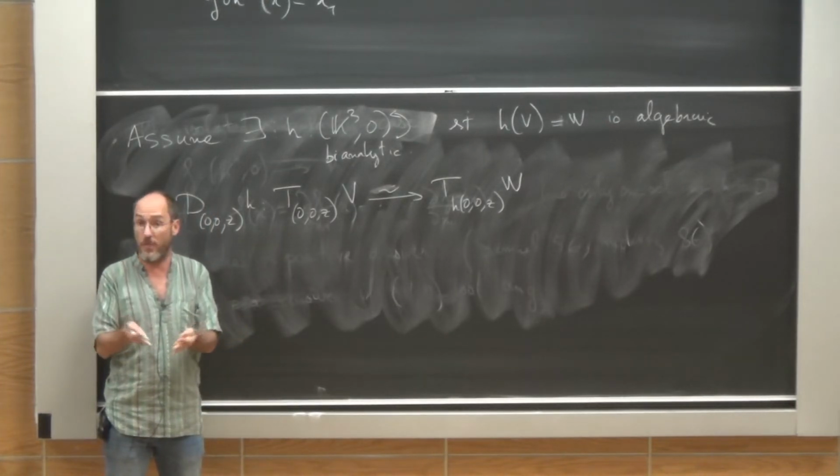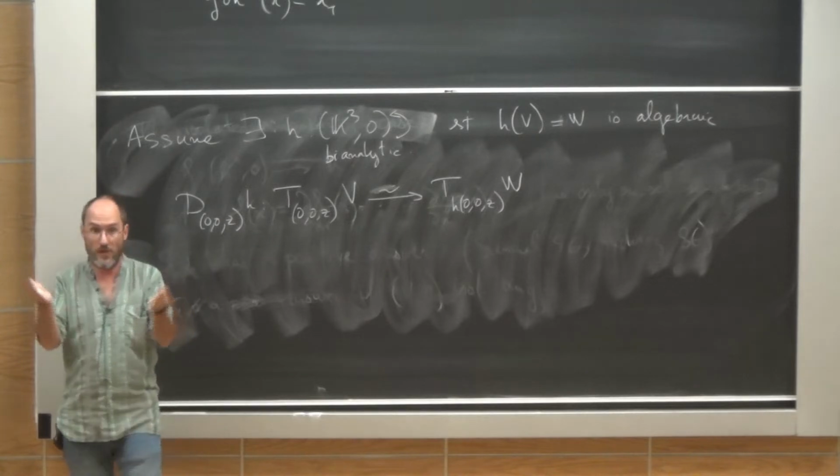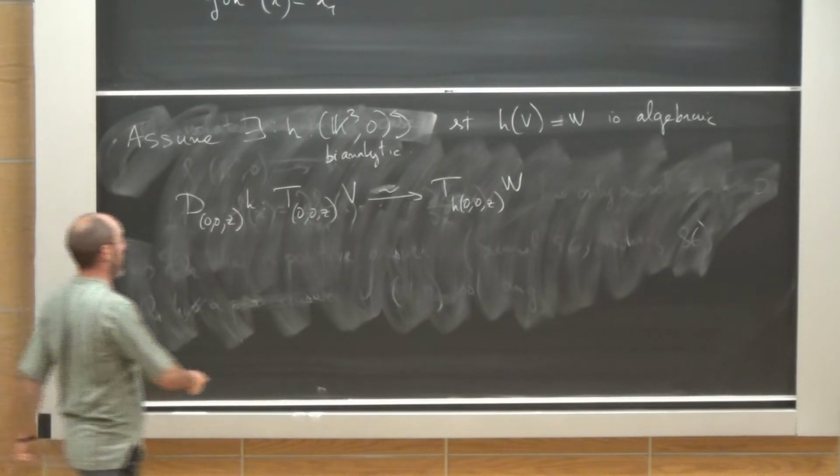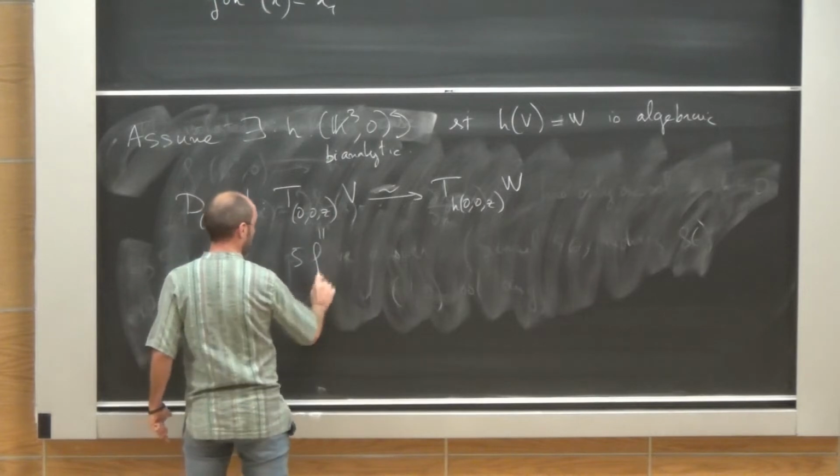It's not very difficult to see that it's 5 planes, 5 planes that intersect along an axis like this. And I can define the cross ratio of these 5 planes.